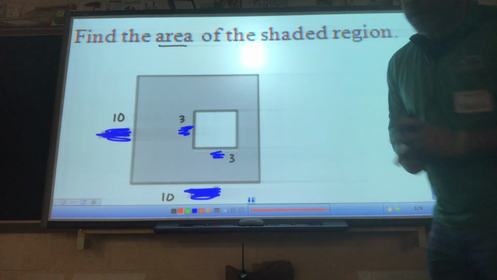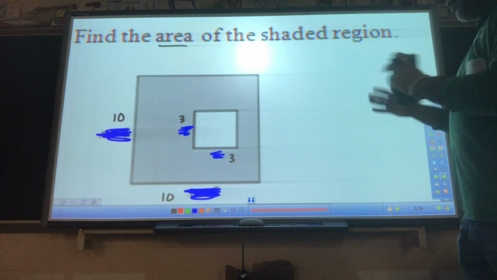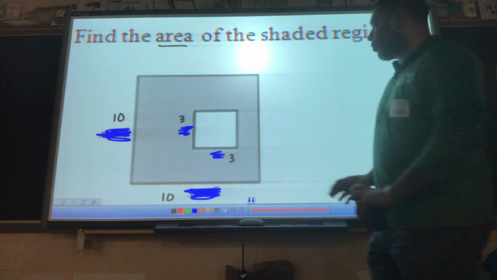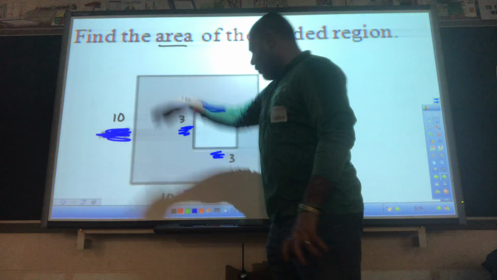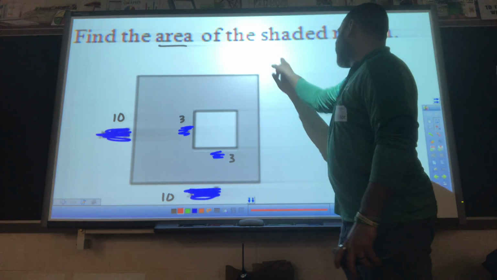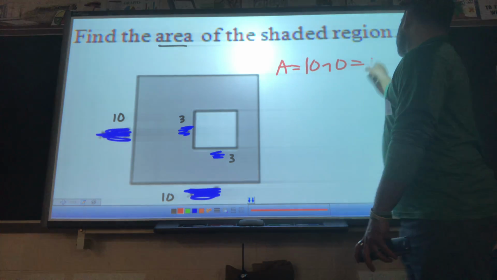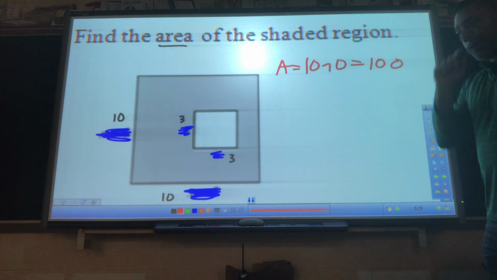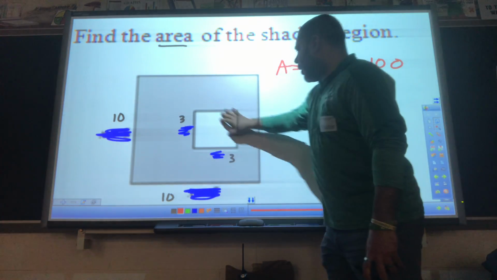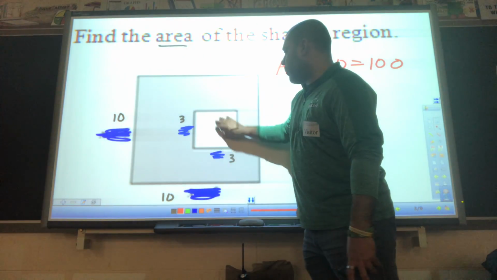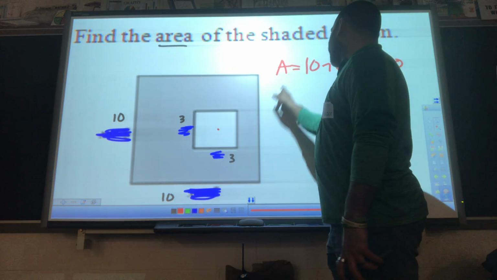Just a quick reminder. When we do these problems, you're going to have 2 different areas that we need to take care of. First, let's get the area of the big box, 10 times 10, which is 100. The problem is this small box is not shaded, so I have to take away the area of the small box.